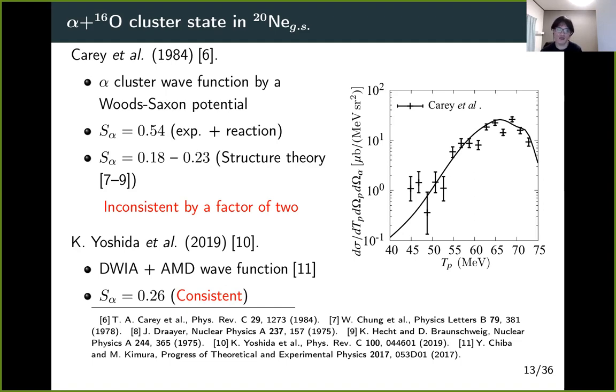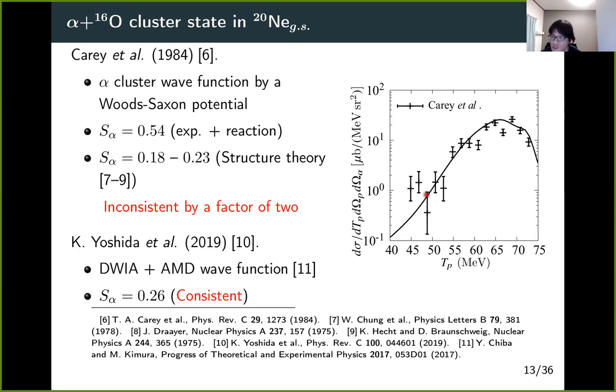To get a quantitatively proper result it was very important to prepare the alpha oxygen 16 optical potential very properly. And with this framework, what we got is this figure.